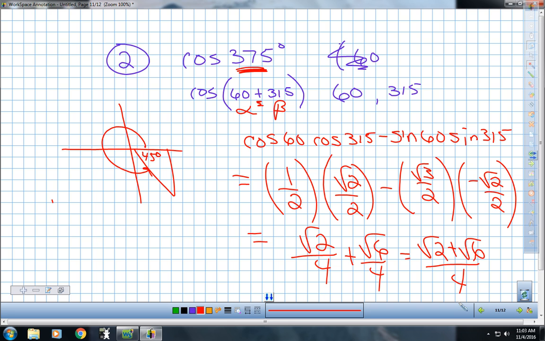Okay, the next one is going to give us an opportunity for you guys to kind of practice this initially and see how we do. The sine of negative 105 degrees.